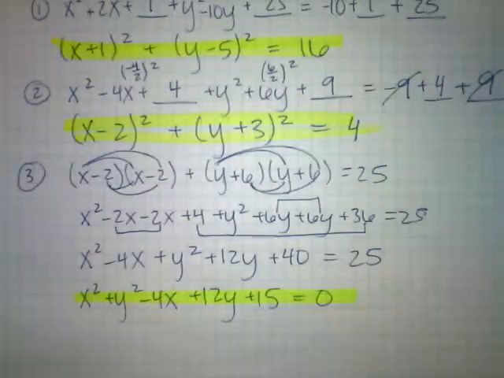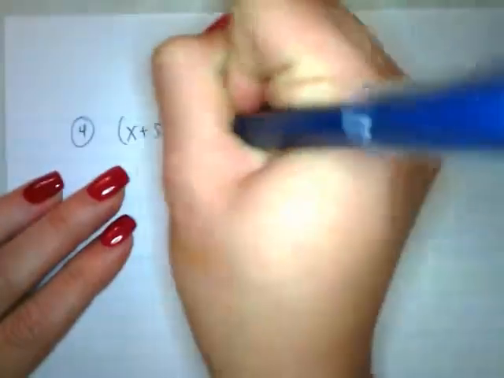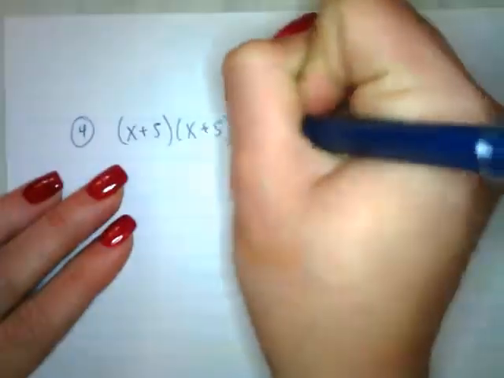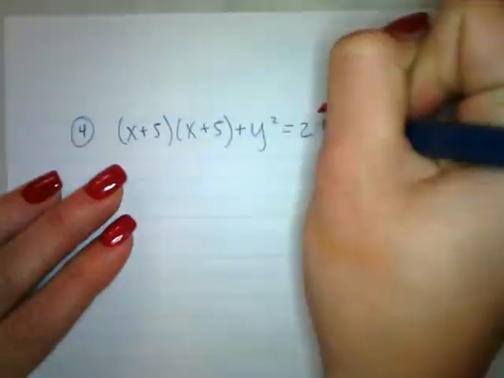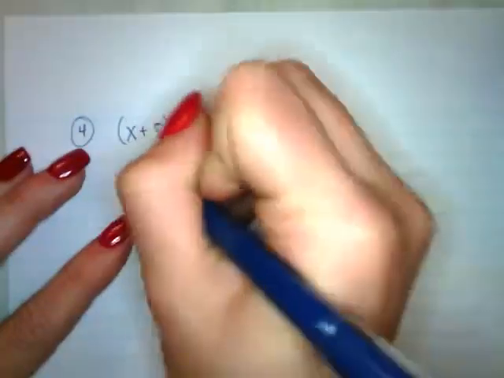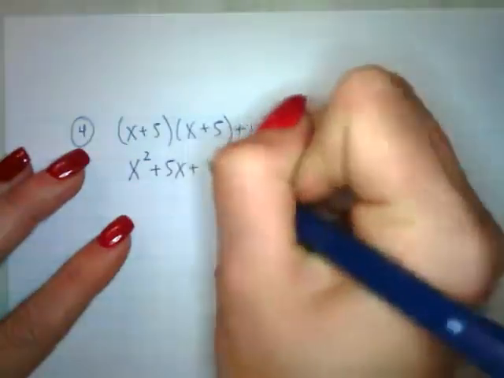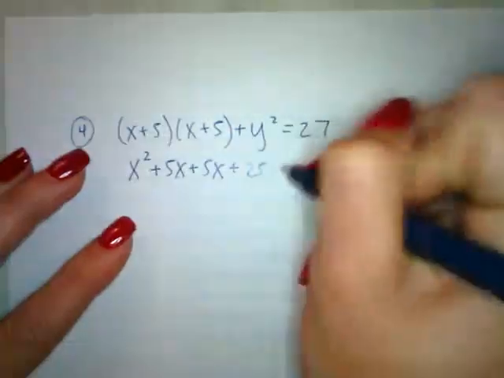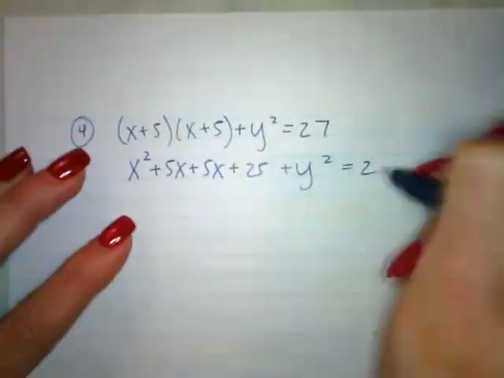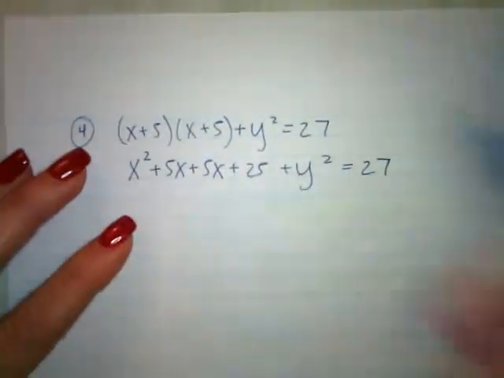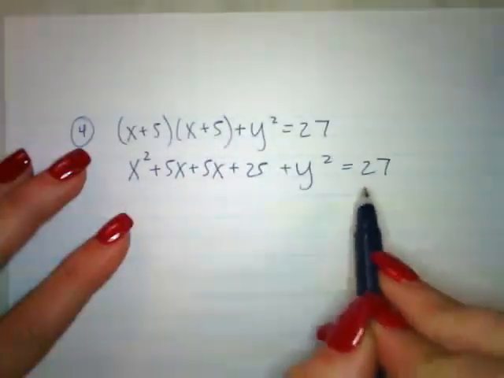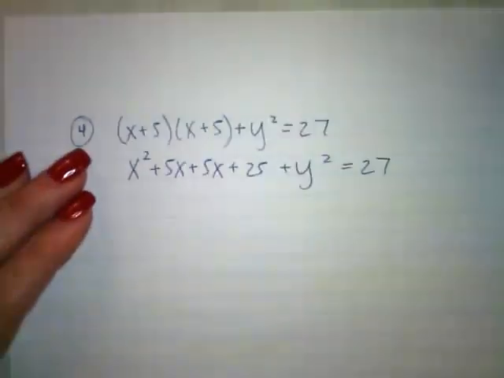Okay, going to question 4. I'm going to write this out with no exponent. I can now FOIL this side. Make sure that this is now written highest to lowest, alphabetical order, and set equal to 0.